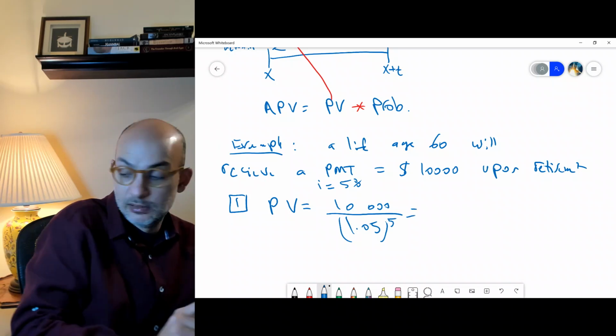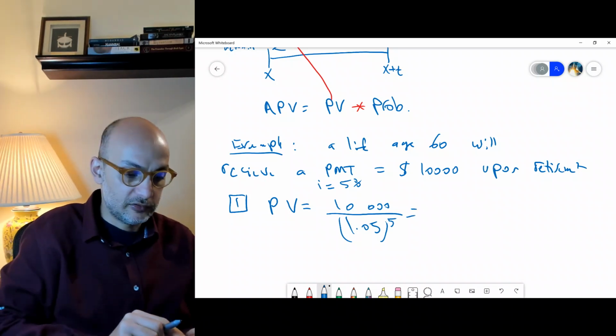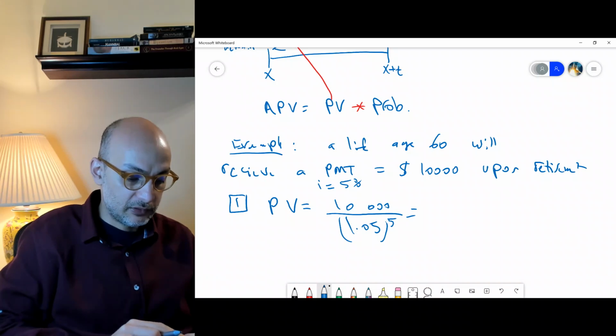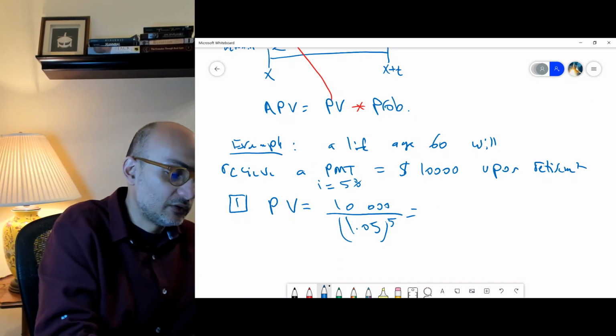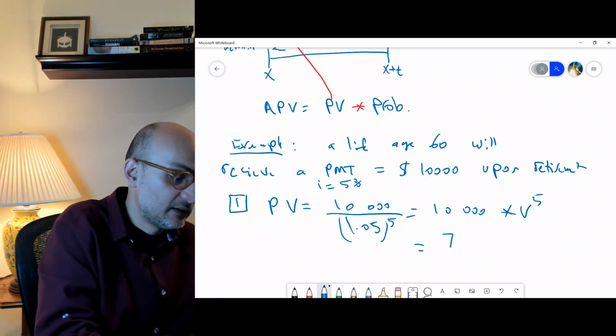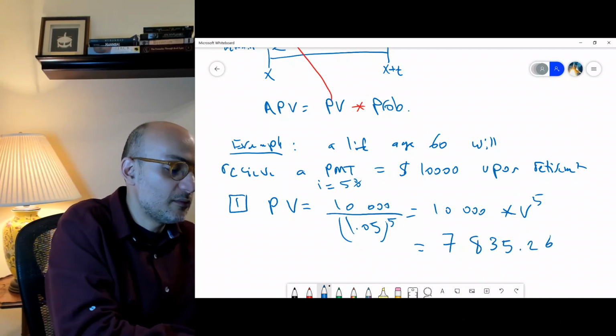I use my calculator: 1.05 raised to minus 5 multiplied by 10,000. Of course, you can also write it as 10,000 multiplied by v to the 5. Same logic, right? So I got 7835.26. This is the present value.